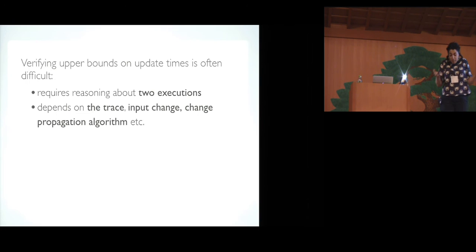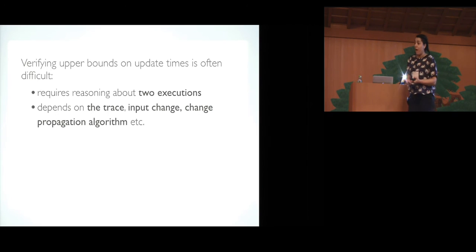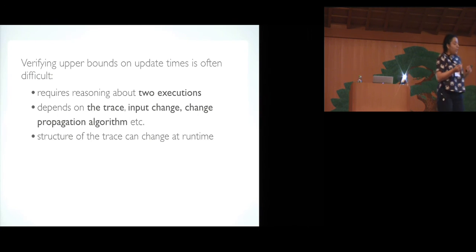And most often this depends on the dependency graph, this trace, the input changes, and the underlying change propagation algorithm. And even an input change can force the dependency graph to change the structure at runtime.